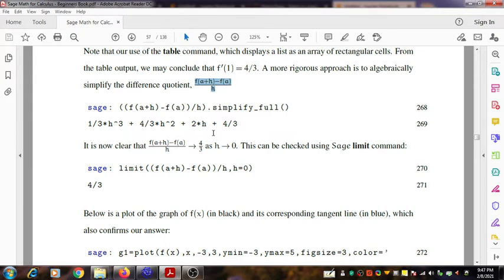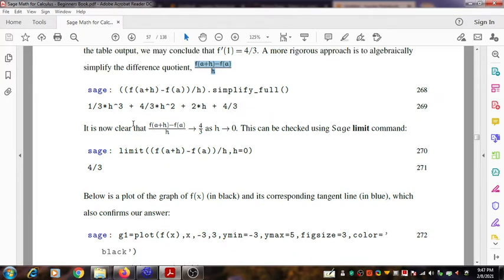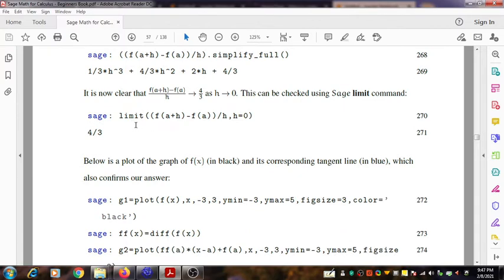So that way it's very easy, but we are trying to recall the basic ideas.